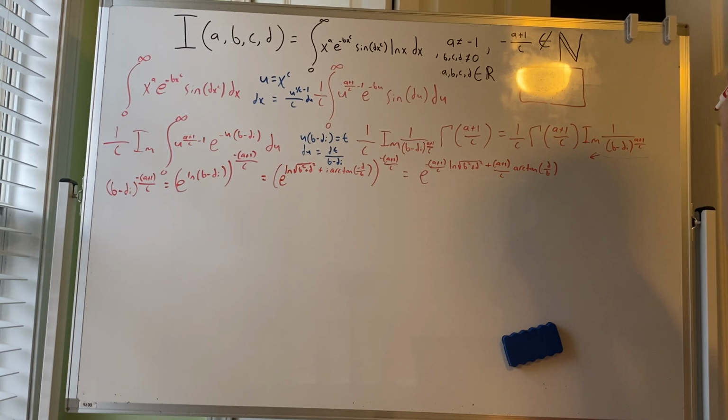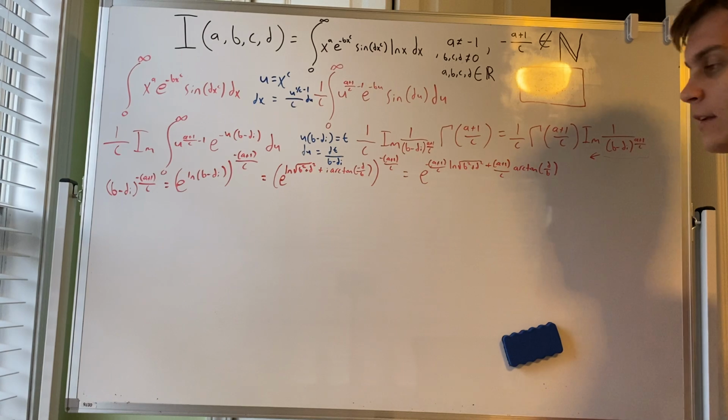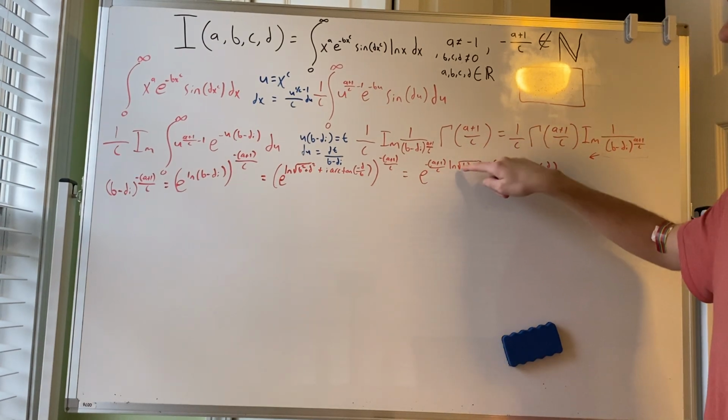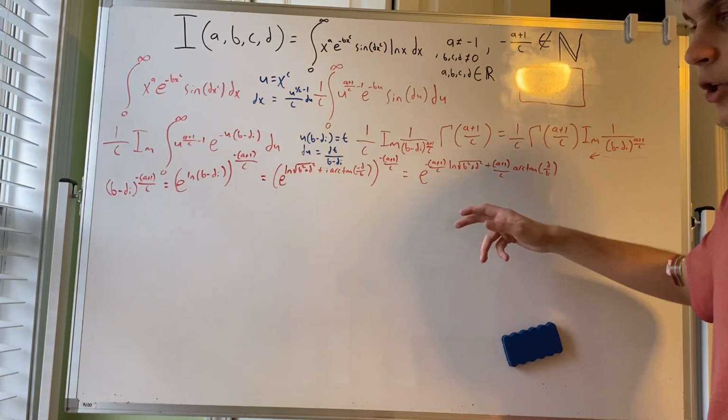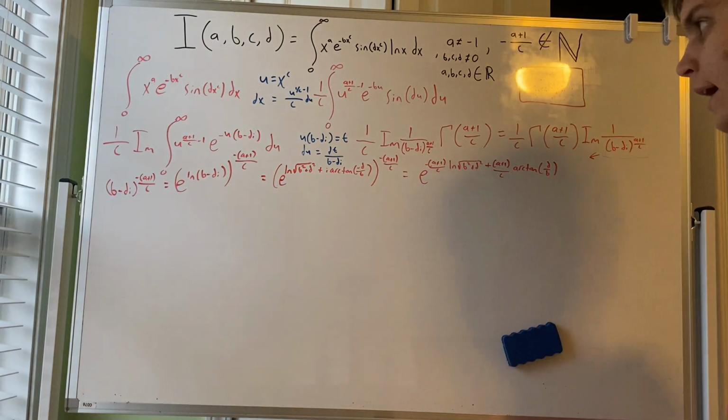But first let's pay attention. With our log properties, we can bring this coefficient in as a power of the argument. Keep in mind, we already have a power in our argument, which is 1/2. I just didn't pull that out because we're going to need it right back.